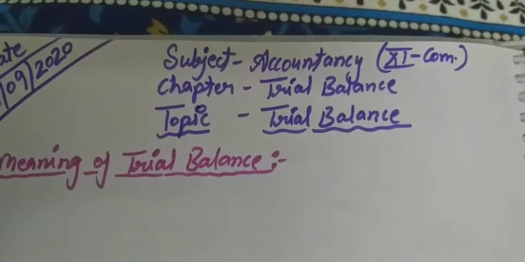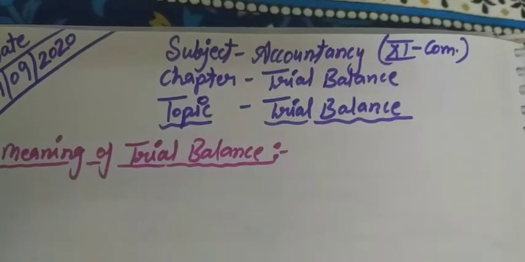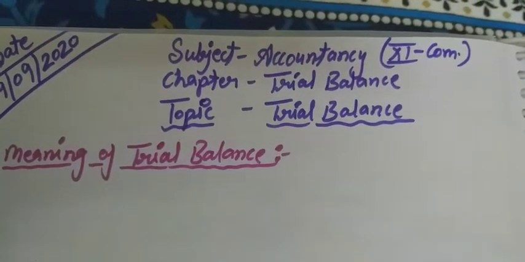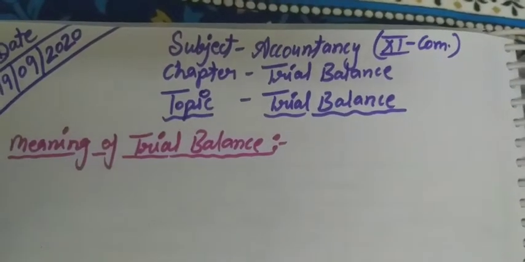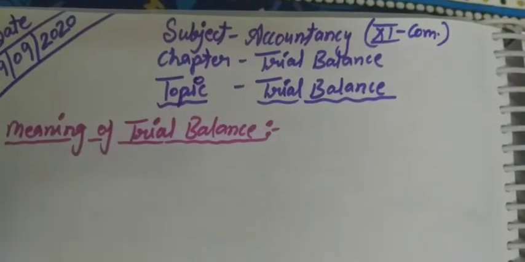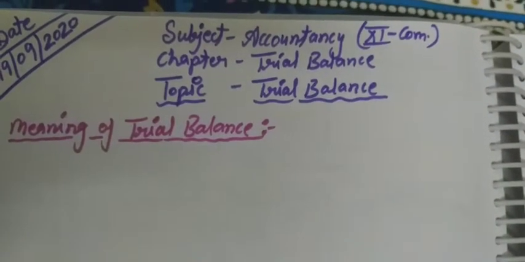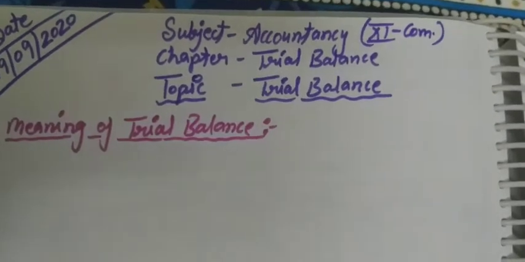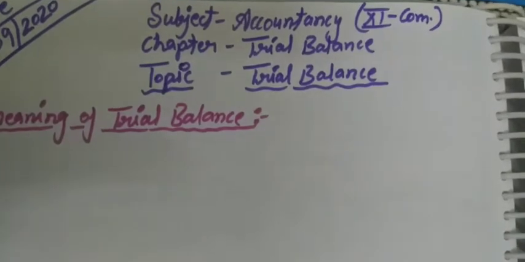Students, we completed the last chapter in the last lecture, chapter number 9, Ledger. In that chapter we prepared different accounts, and those accounts had balances on the debit side or the credit side.